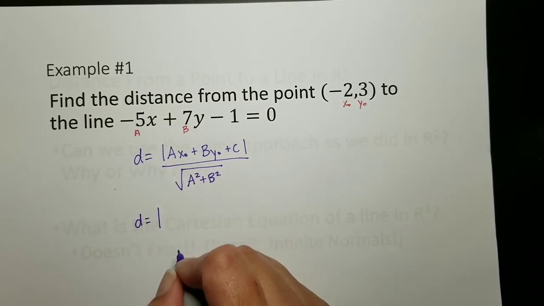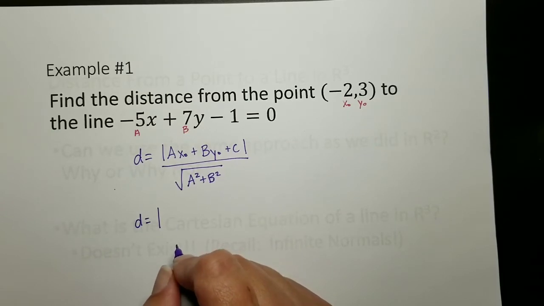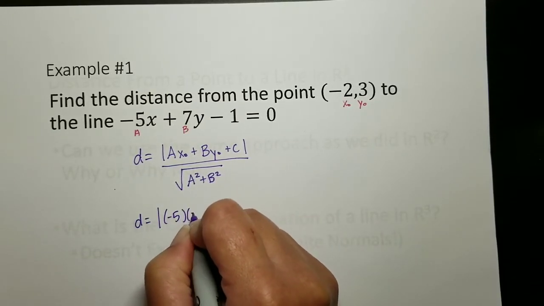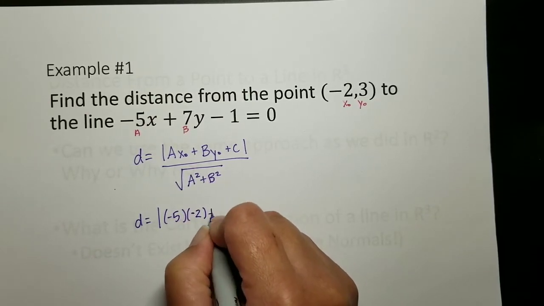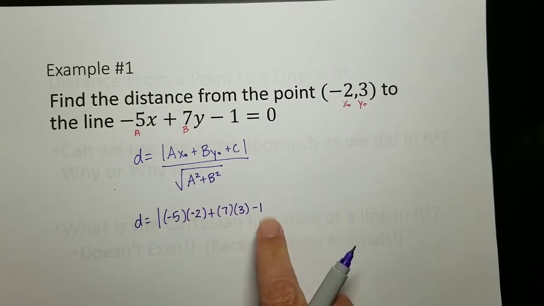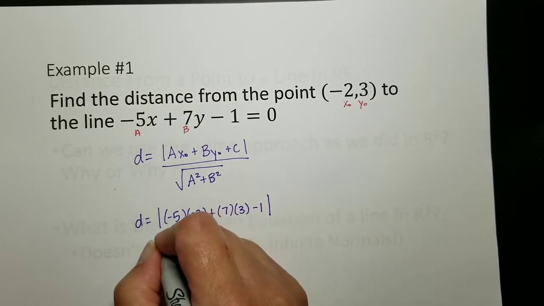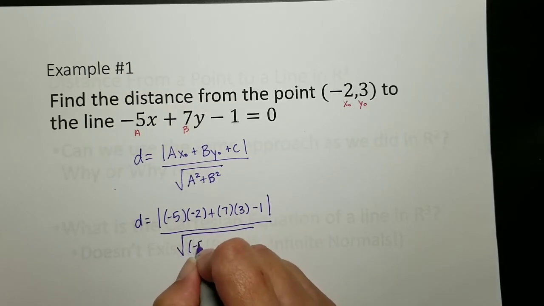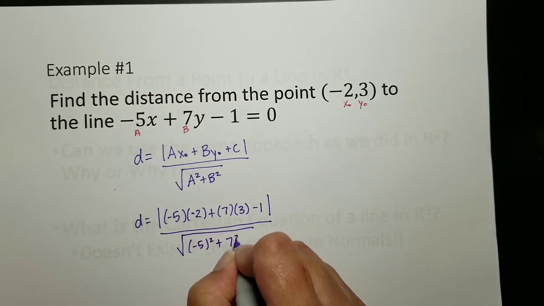The distance is going to be the absolute value of -5 times -2 plus 7 times 3 minus 1, that's my c value, over the square root of -5 squared plus 7 squared.